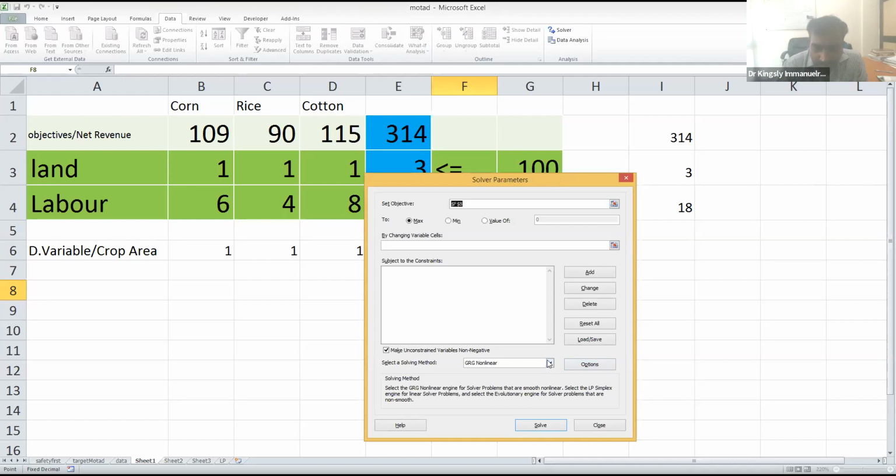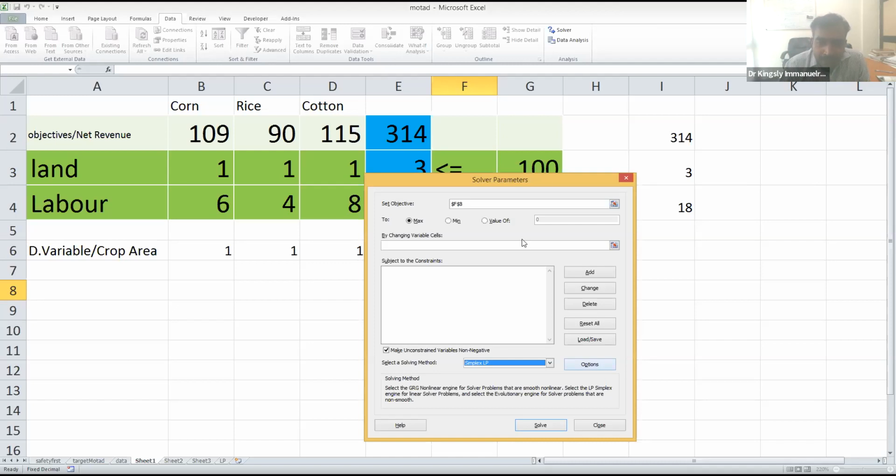Then comes which solver you are using, whether simplex LP, GRG nonlinear, or evolutionary. Only simplex LP you need to worry about. We studied only simplex LP in our MSc. But what we have done is a formulation. Formulation is what you need more, not the simplex. The computer will take care of that.